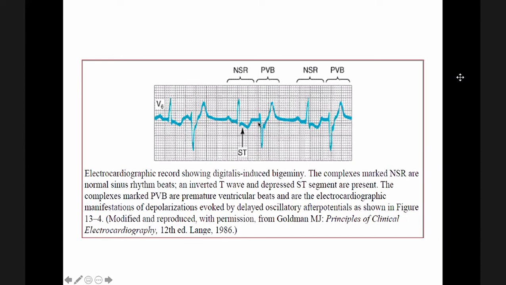This ECG tracing is commonly seen in patients with digitalis toxicity, but you can also see this in other tachyarrhythmias not caused by digitalis toxicity. But if your patient is chronically taking digitalis and you see this, baka nagkakaroon na ng digitalis toxicity.